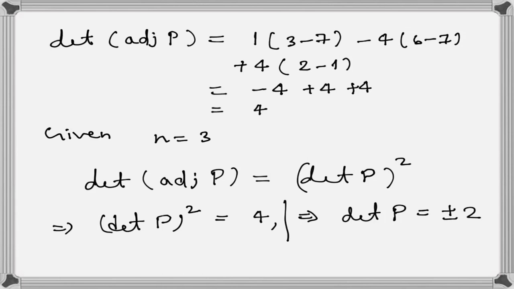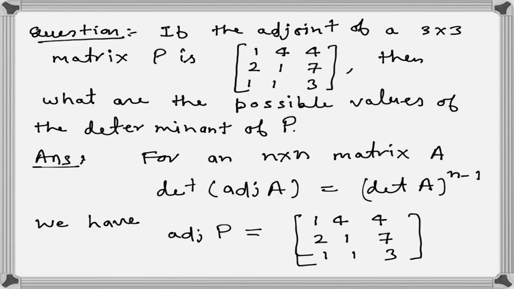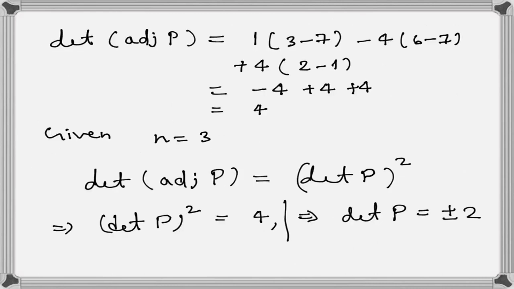So let me just check in the first slide. Okay, I have written this formula for any general matrix A. All right. Okay, so this is the final answer. So determinant of P has two values, plus and minus 2.